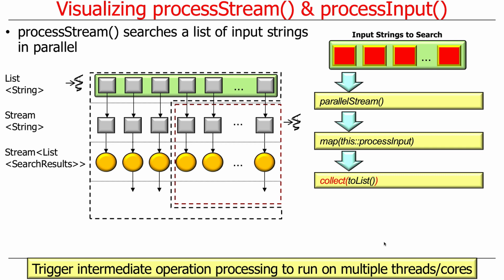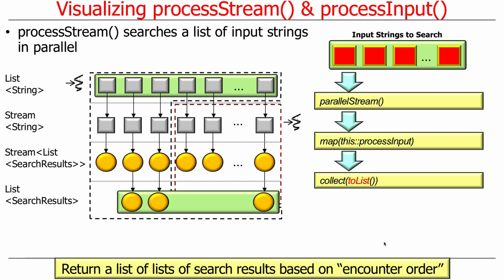Collect will trigger all the intermediate processing, pulling things through the linked list of processing operations like map and so on. Then it'll convert the results into a list. Now, processInput returns a list of search results, so collect will return a list of search results. The order of that list will be based on encounter order.